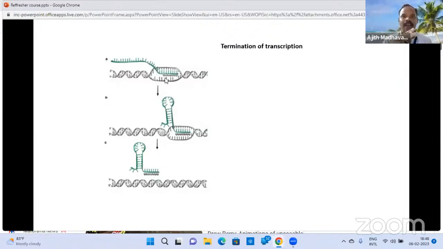And G and C are connected by triple bonds. So G and C are stronger in binding, and A and U are less strong in binding. I told you the rope is tied to the pole loosely, so the tugging can remove it. Now the question is, who tugs it?